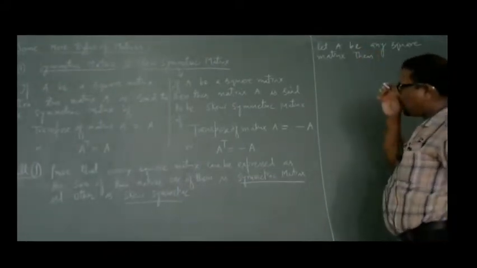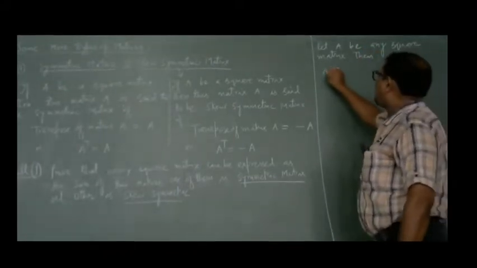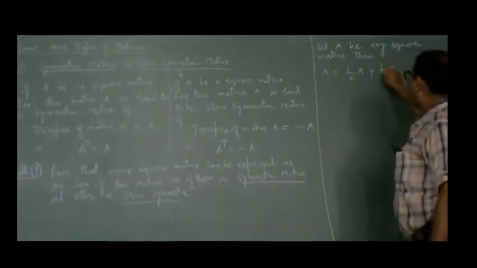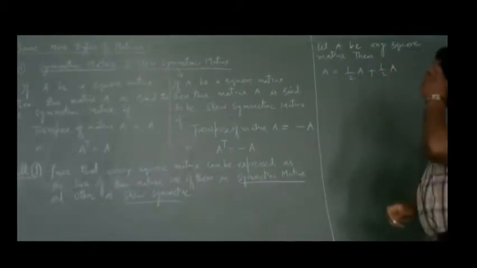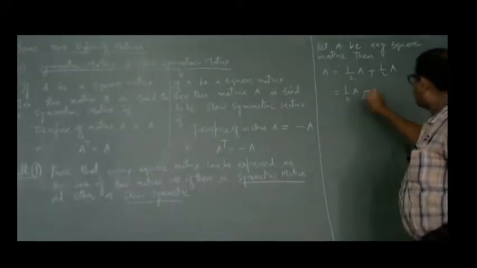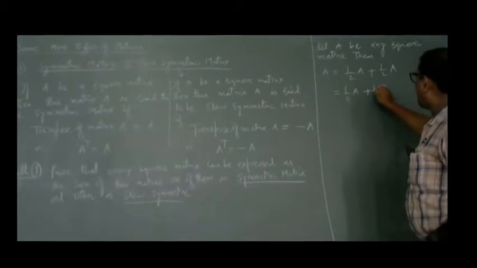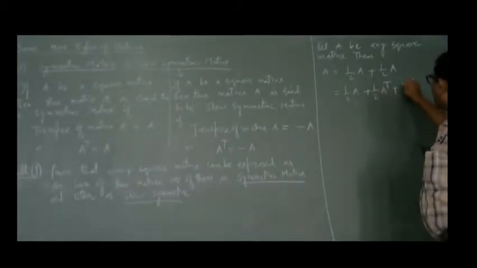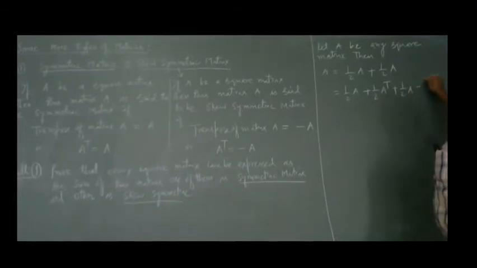Then A can be written as half of A plus half of A, and this can be written as half of A plus half of A transpose plus half of A minus half of A transpose.